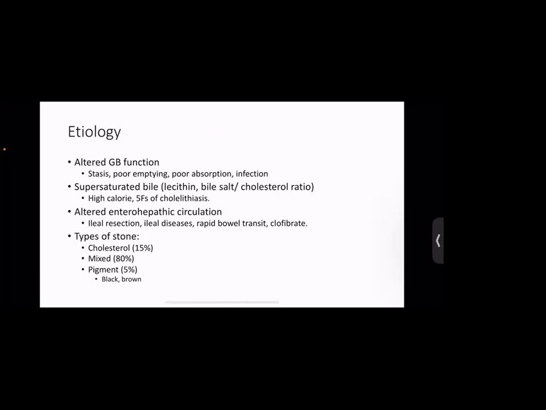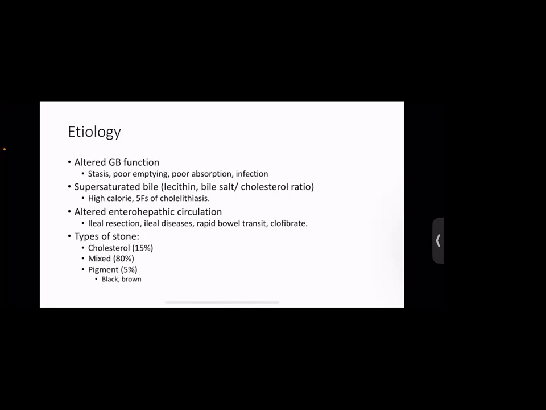Alteration of gallbladder function includes stasis, or anything that causes gallbladder stasis. It can be infection, obstruction by gallstones, poor emptying, or poor absorption. All these etiological factors cause the formation of gallstones within the cystic duct, which now occlude or prevent the draining of contents of the gallbladder and will lead to a sequelae of events, which I'll talk about later.